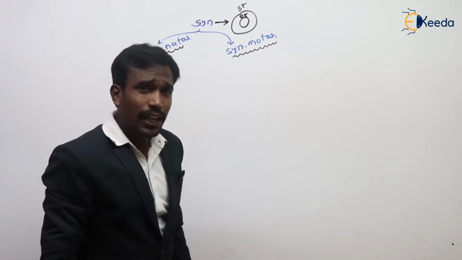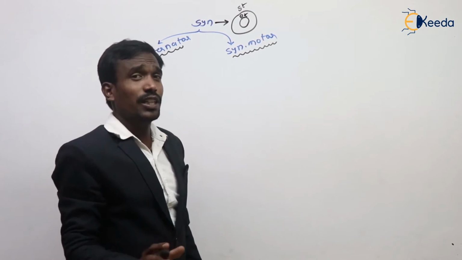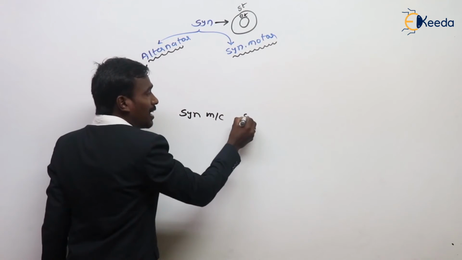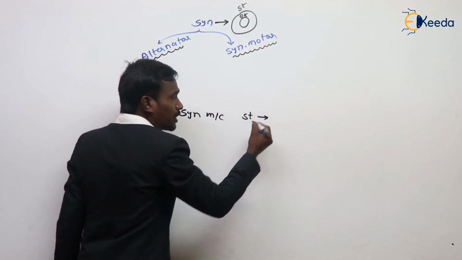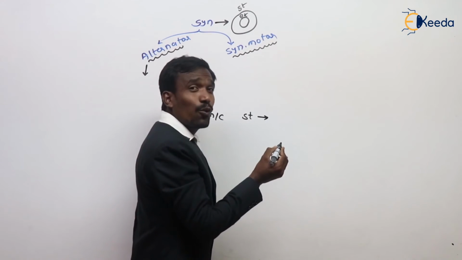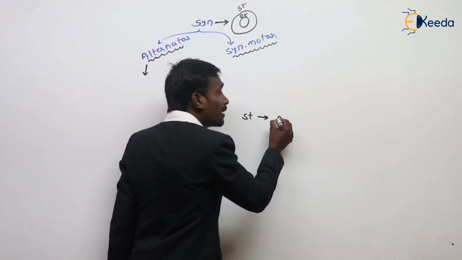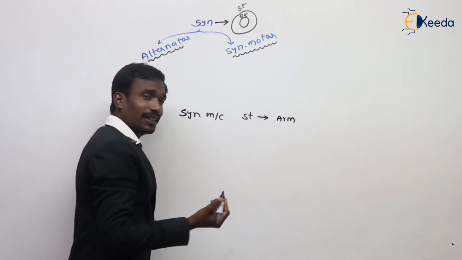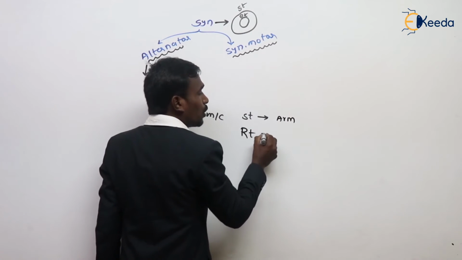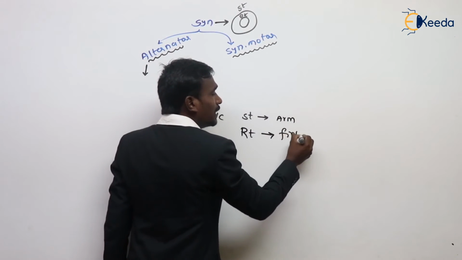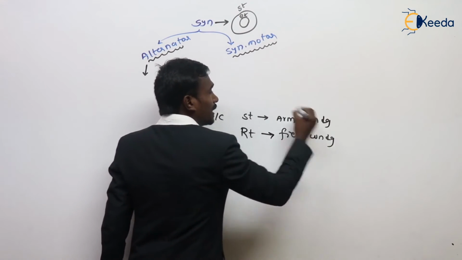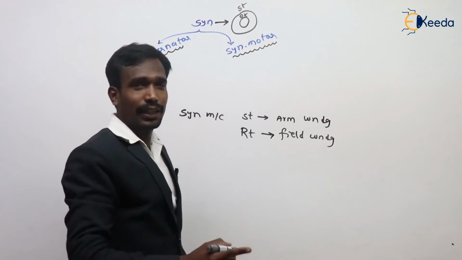Generally, in a synchronous machine stator, we are using armature winding, and in the synchronous machine rotor, we are taking field winding. You have to remember this carefully.